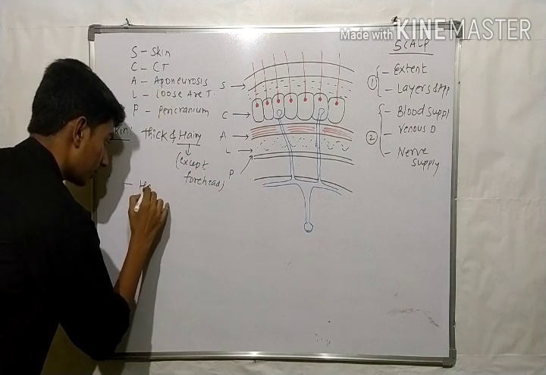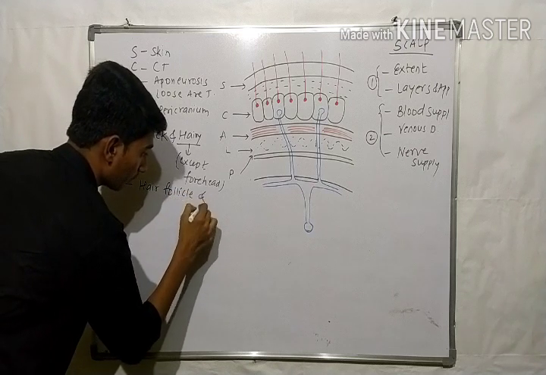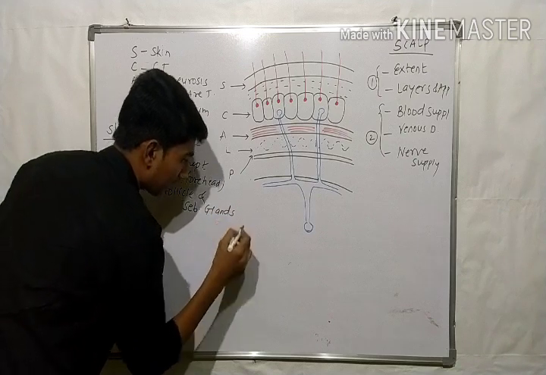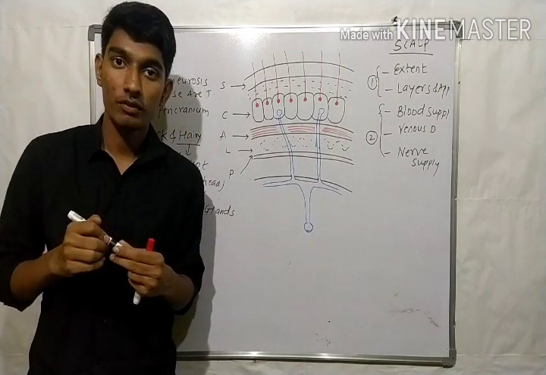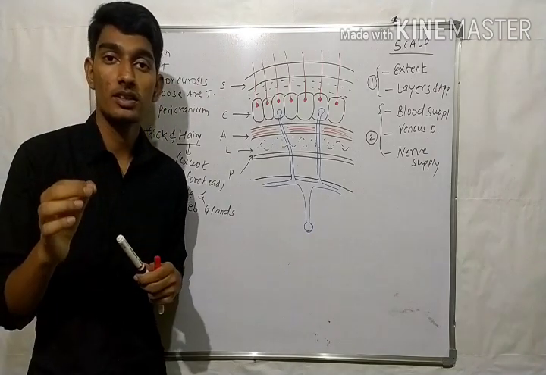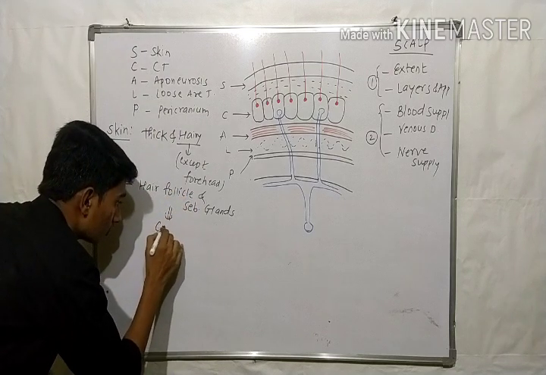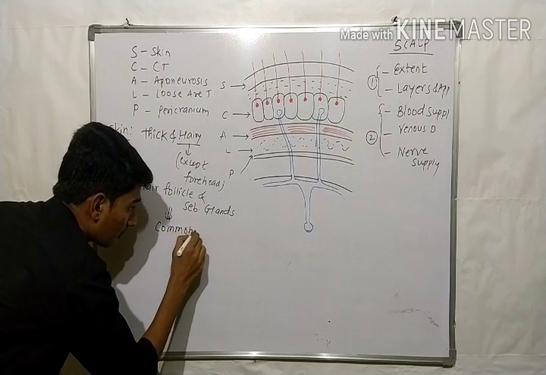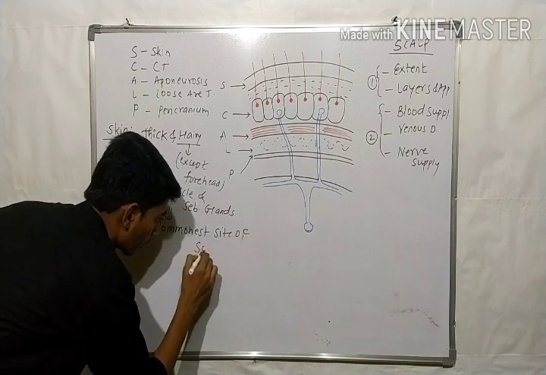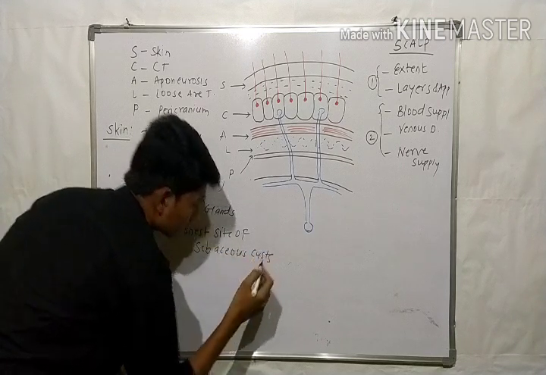The skin has hair follicles and sebaceous glands, and as the skin has hair follicles and sebaceous glands, the skin is the commonest site of sebaceous cyst.